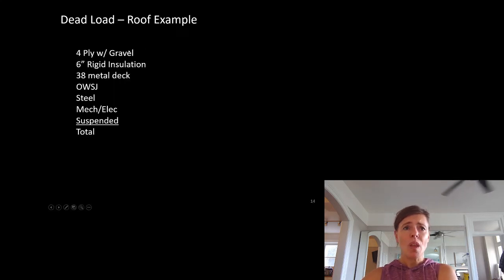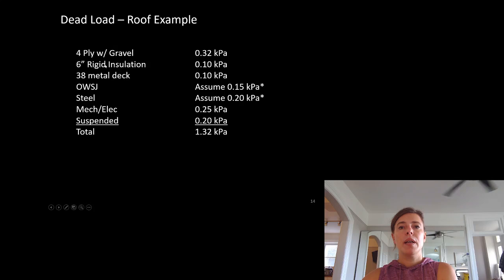So we looked up our weights for all of them except our open web steel joists and our steel, which I've told you I'm going to give you. We had looked up the 0.32 kPa for the 4-ply with gravel. We had to do a little bit of math because it only gave us 0.07 kPa for 4 inches of rigid insulation, and we have 6 inches of rigid insulation. So we need to multiply it by 1.5, and we get 0.1 kPa. 38 metal deck, we looked up.